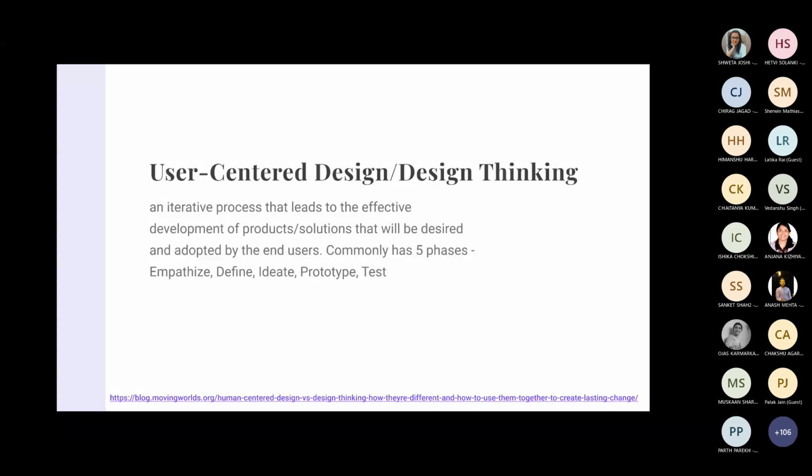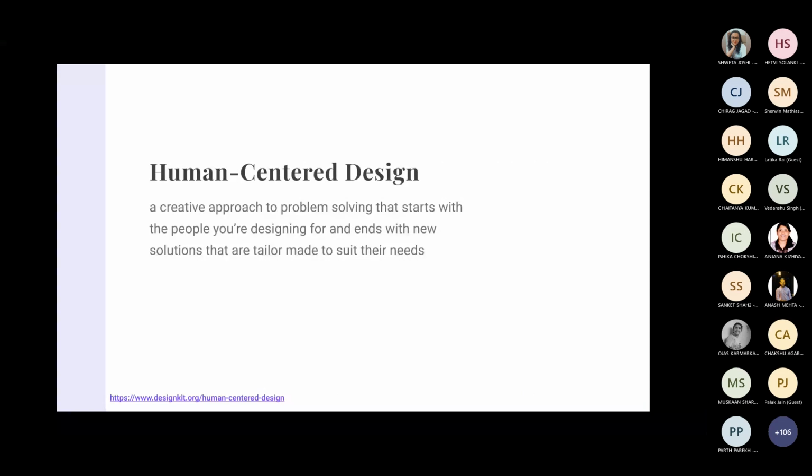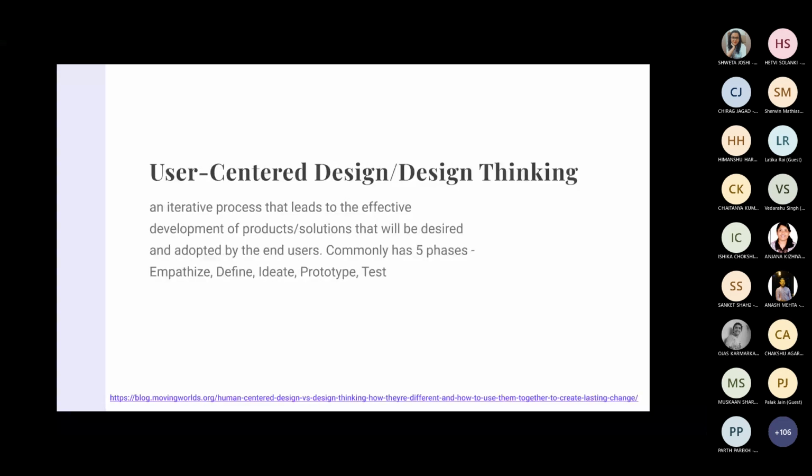So the next part is human-centered design. Over here in user-centered design, let's take the example of how Uber came about. They decided that they can get people who want to drive people around, and then others who can use these cars or be driven around because they want to get to places.